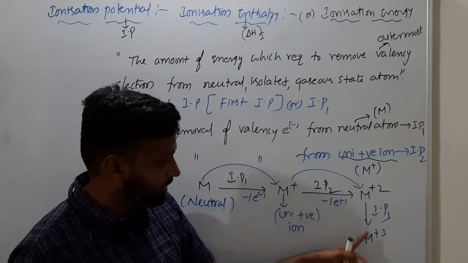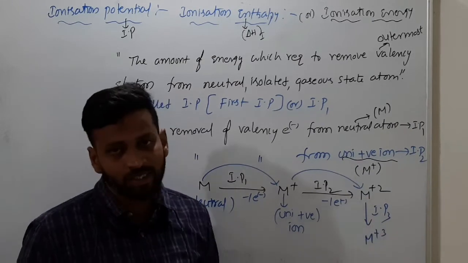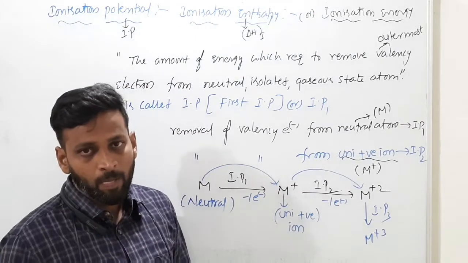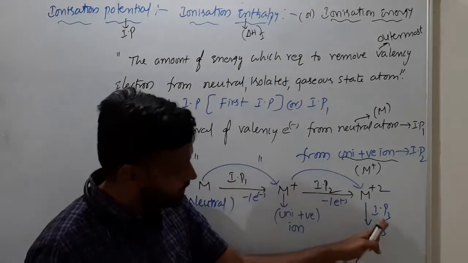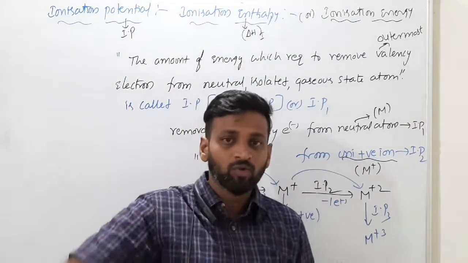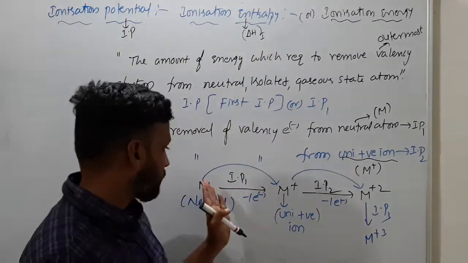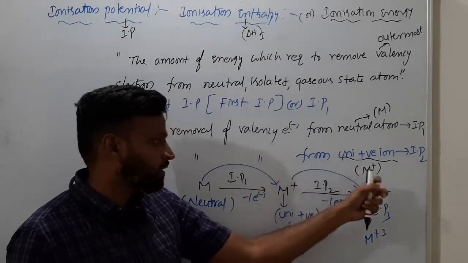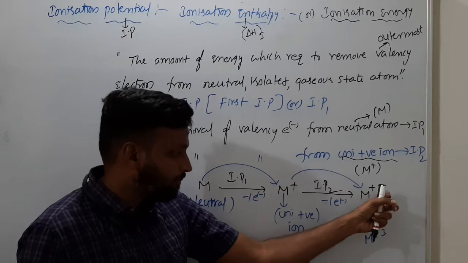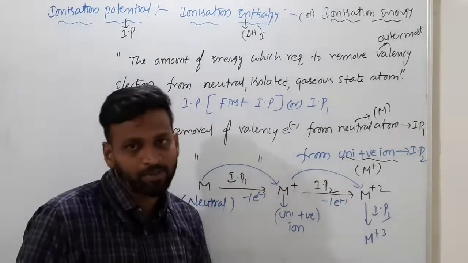From M plus 2 you are removing the third electron, that's why it is IP3. Same story, from IP1 to IP2, IP2 to IP3. Directly removing the third electron I cannot. First I have to remove an electron from the neutral atom to get the positive ion, then the dipositive ion, and dipositive to tripositive is IP3.